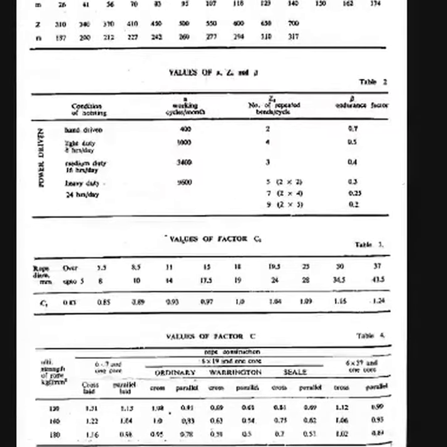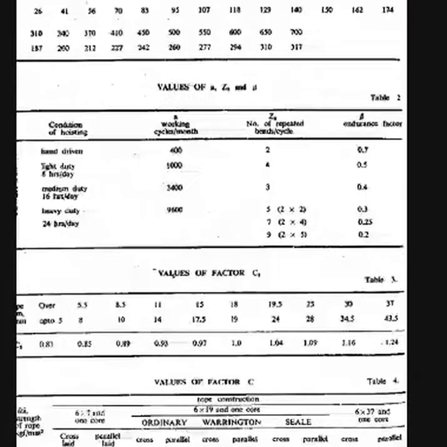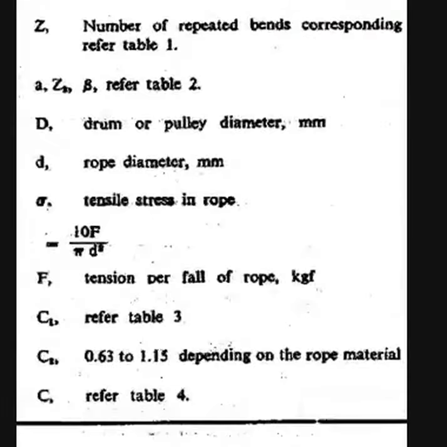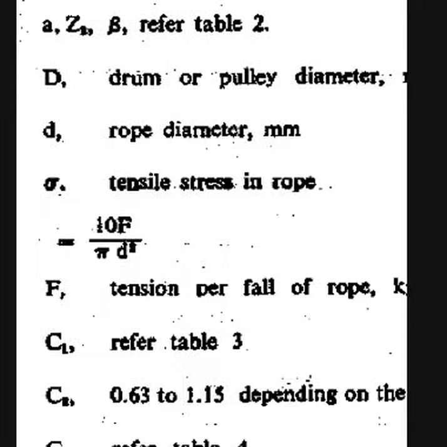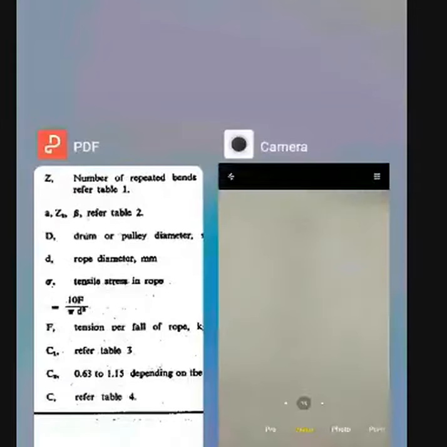Okay, so this is all about C1, C2 and C. Now 1.06, see sir, tensile strength in row 1.06.